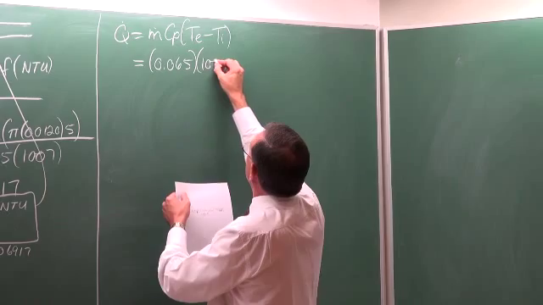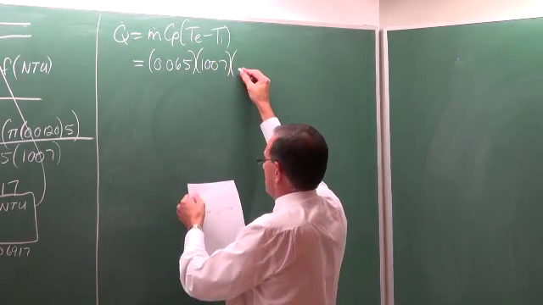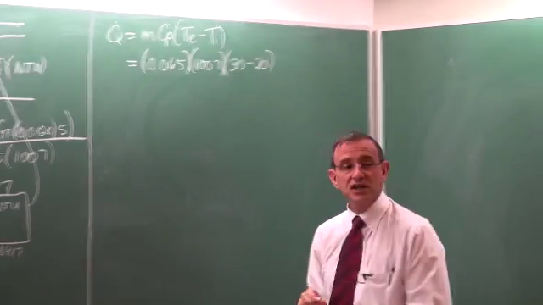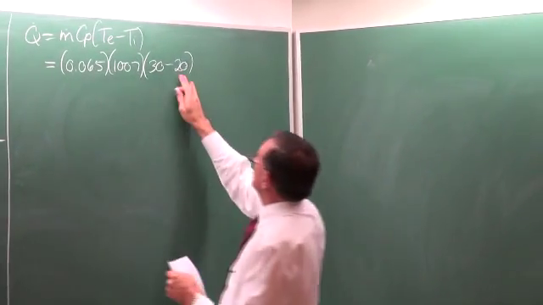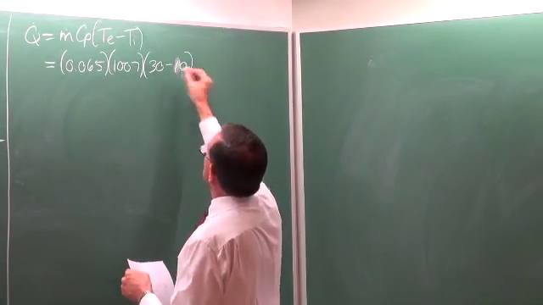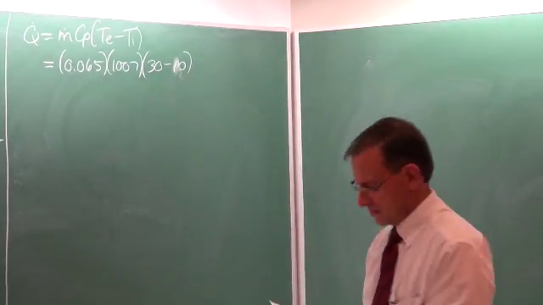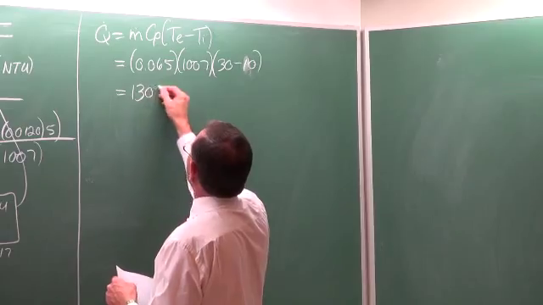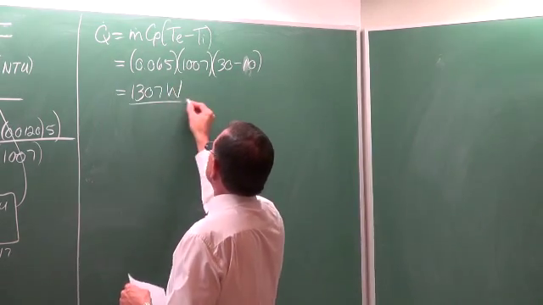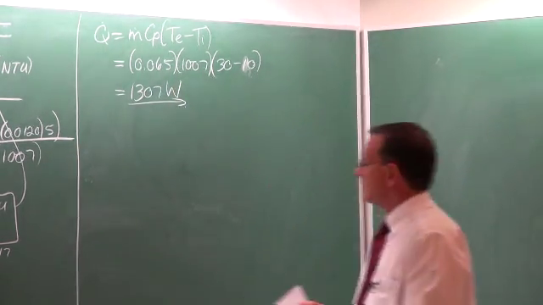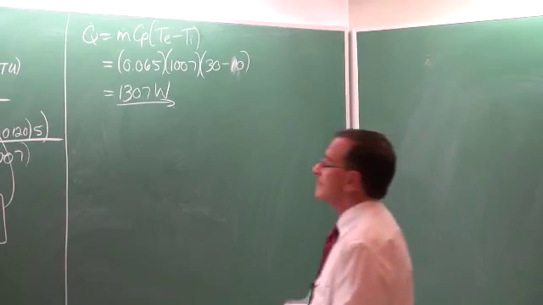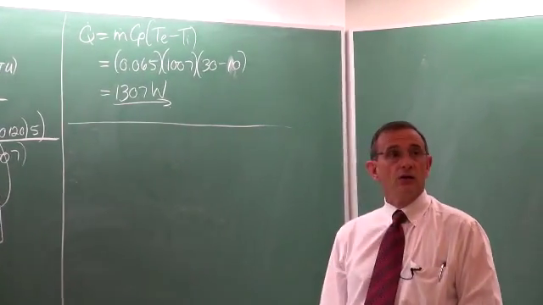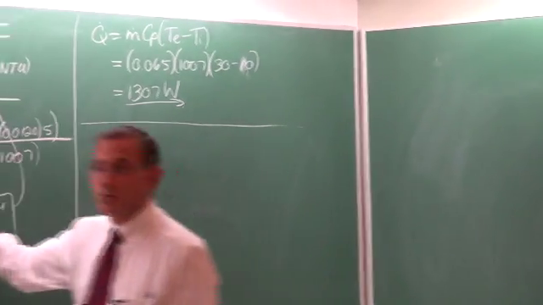Cp is equal to 1007 multiplied by the outlet temperature, which we have calculated now as 30, minus the inlet temperature, which is 10. And that gives us a heat transfer rate of 1,307 watts. Okay. Now this is the first part of the problem.